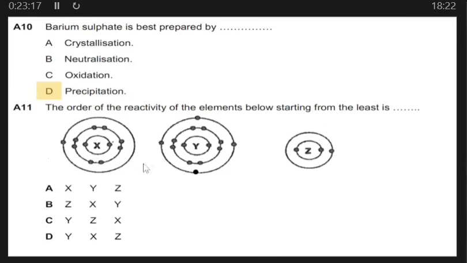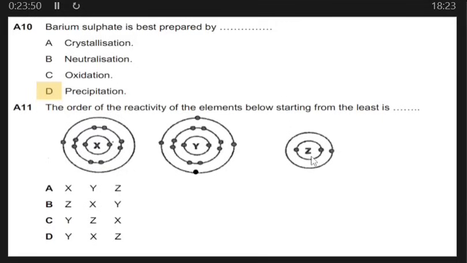Most metals are more reactive, and for metals, the fewer electrons they have in the outermost shell, the less reactive they are, and the more shells they have, the more reactive they are. For nonmetals, the fewer electrons in the outermost shell, the less reactive they are.